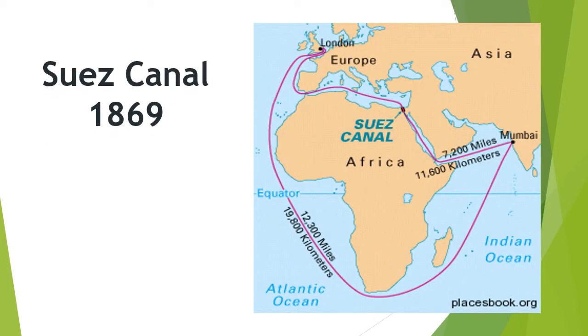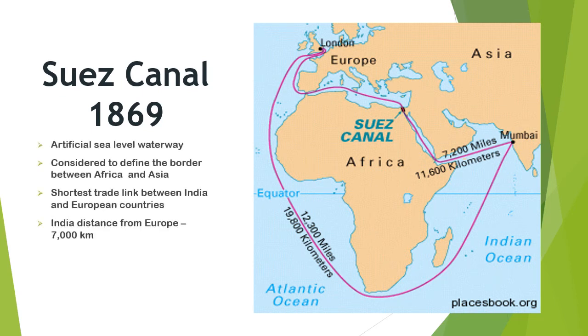Suez Canal 1869, a very important project, is an artificial sea level waterway which was basically constructed to define the border between Africa and Asia. In fact, Suez Canal is considered the shortest trade link between India and European countries.